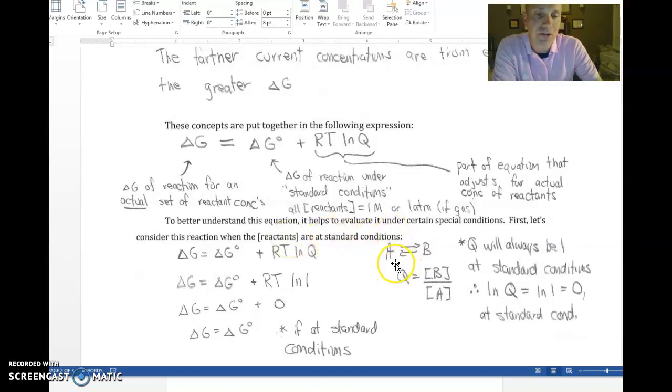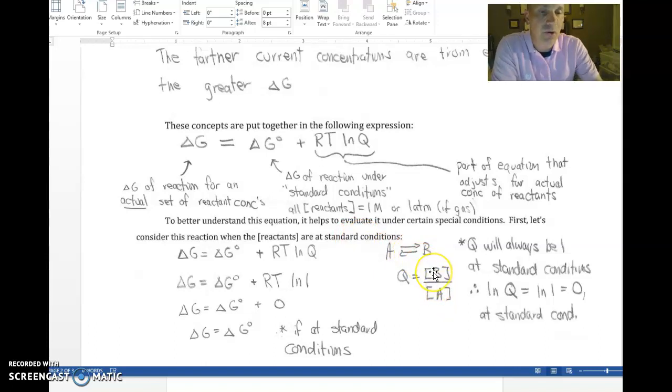Remember what Q is. It's the reaction quotient, and recall that, depending on what your actual reaction is, Q might be more complicated than this. Sometimes it has a squared term, sometimes it's multiple things multiplied by each other. But under standard conditions, all of these concentrations are going to be 1.